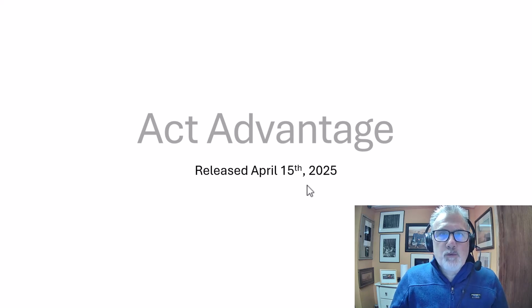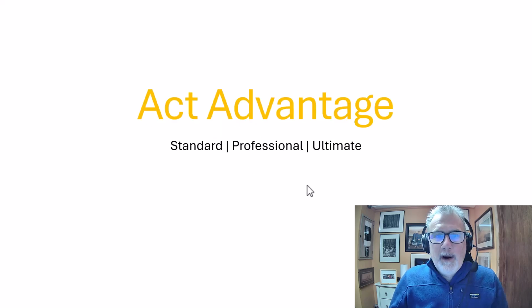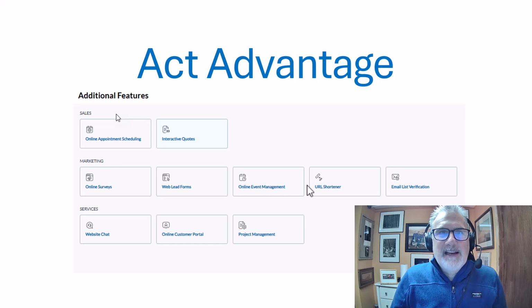So what are the differences? What changed with ACT Advantage, which you might hear me, and most likely will hear me, refer to as ACT Premium Cloud? What has changed is they have 3 tiers: standard, professional, and ultimate. And with these tiers come some different features, but as a total look at it, these are some of the things they've incorporated.